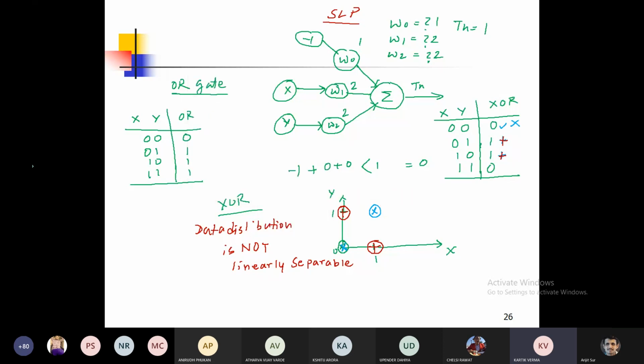Now, how many of you do not understand why this kind of thing happened? So at least 2 lines are required. Now the question is, if 2 lines are required, what will be the solution? A single straight line cannot solve it, but 2 straight lines can solve it. And what is the solution?